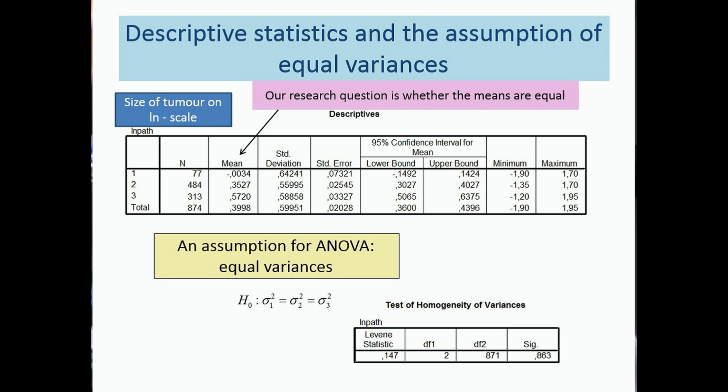It's Levene's test, like it is in the independent sample t-test. In this case, the p-value is 0.86, larger than 0.05, so we will not reject the null hypothesis of equal variances. So we can perform the Anova.